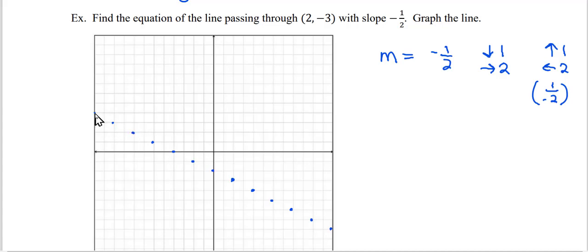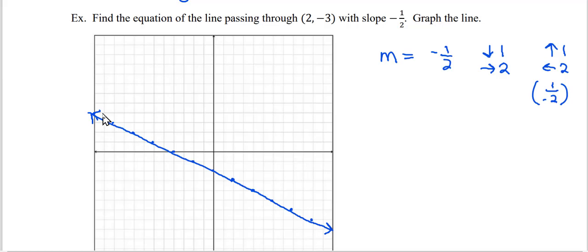Now I'm going up and to the left. So there's my line. Notice I didn't need to have the equation of the line to be able to graph it. I had enough information without that.